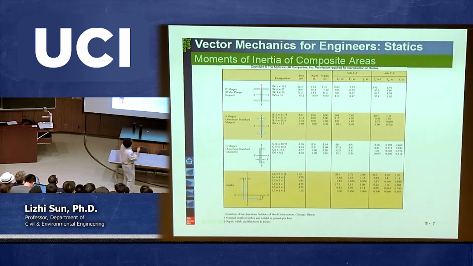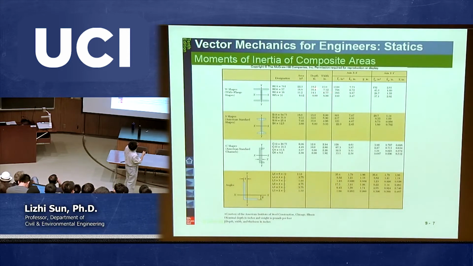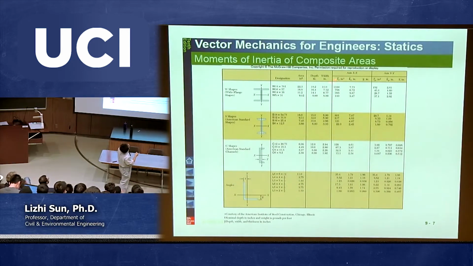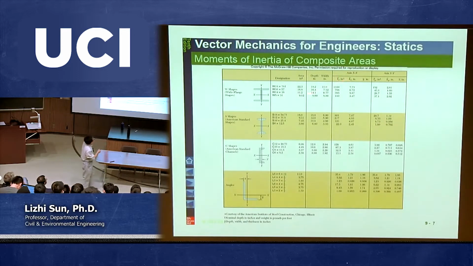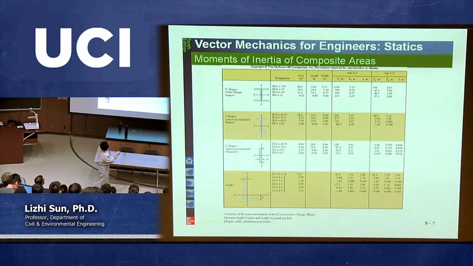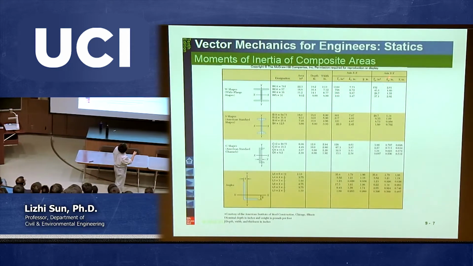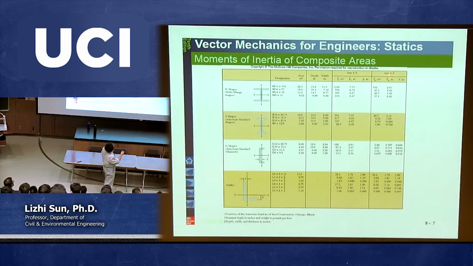If you want to know the specific geometry we're given, we don't need to use this one. However, we do need this I bar, which is the moment of inertia passing through its own centroid, which is 355, right? And also the moment of inertia with respect to the y-axis, which is 26.7. And this K is something else we want to talk about, which we didn't introduce.